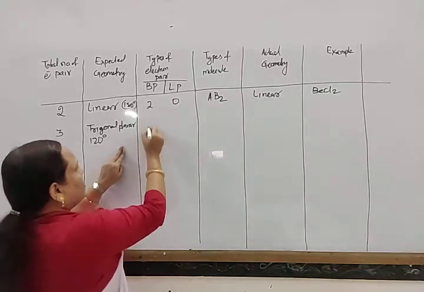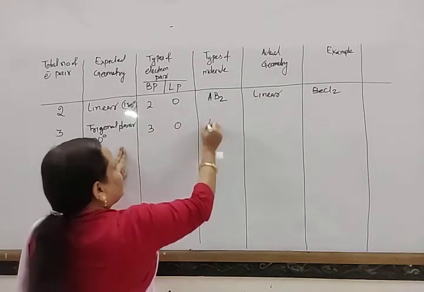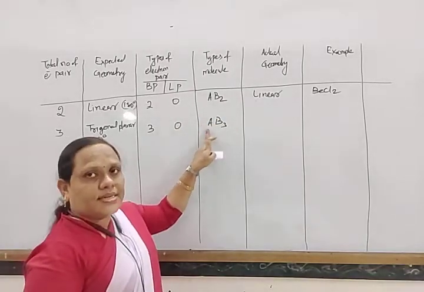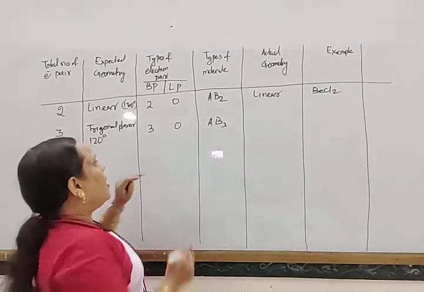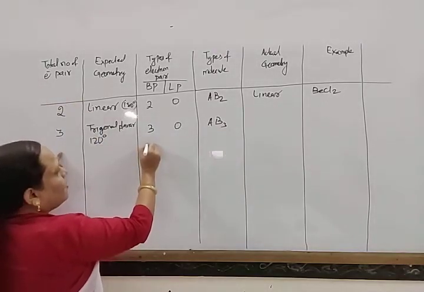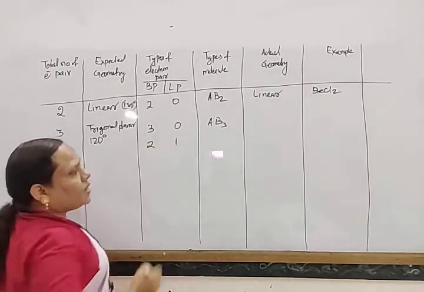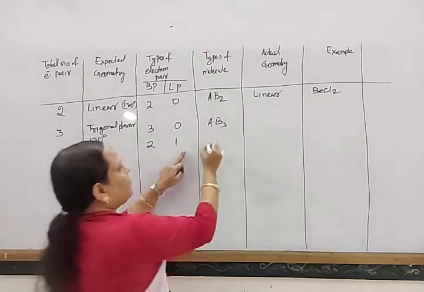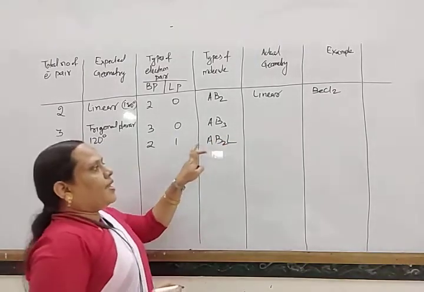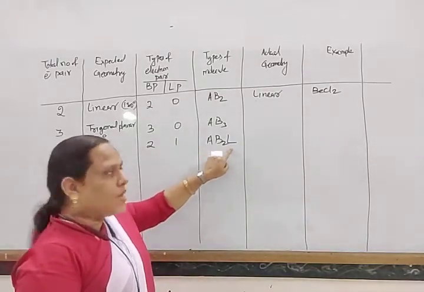The arrangement is 3 bond pairs, 0 lone pairs. This is a molecule of type AB3, A the central atom, B for bond pair. Another arrangement for a total of 3 pairs is 2 bond pairs and 1 lone pair, a molecule of type AB2L, with L for lone pair.